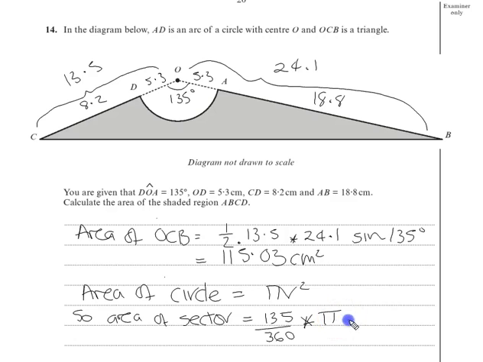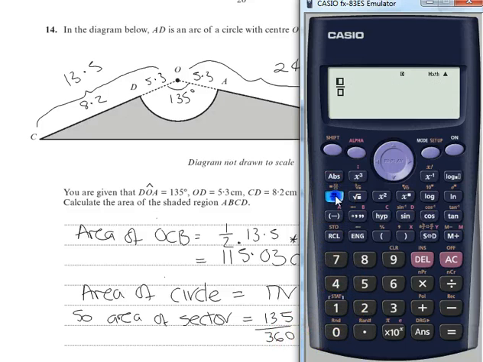The radius is 5.3. Now we can use pi in the calculator or 3.14. This time I'm going to use the pi in the calculator because we're allowed to do that. So we've got a fraction, 135 over 360, that's our fraction, times pi, times 5.3 squared, the radius squared.